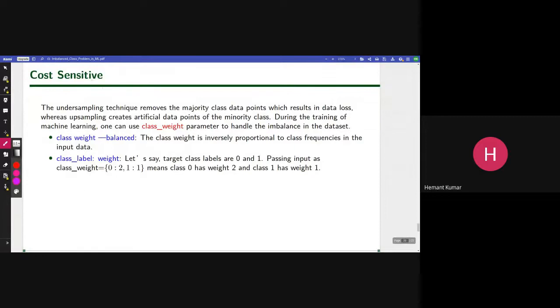Then there is the cost sensitive approach, which is done during the training time or model generation. In cost sensitive techniques, class label is weight, and class weight is balanced. These are the two fundamental keywords used in a cost sensitive approach.